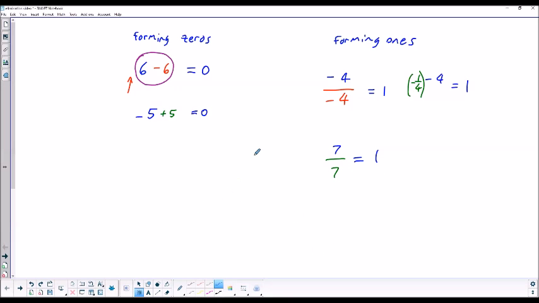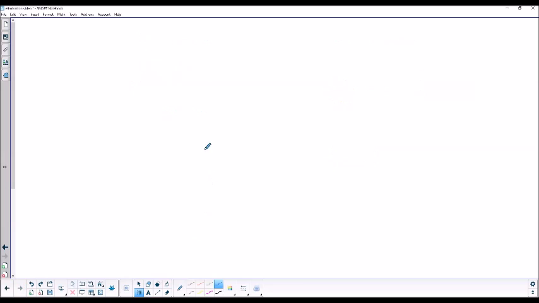These things are important because when we solve equations, we need to form zeros and form ones. So suppose I have this equation, -3x plus 8 equals -7.